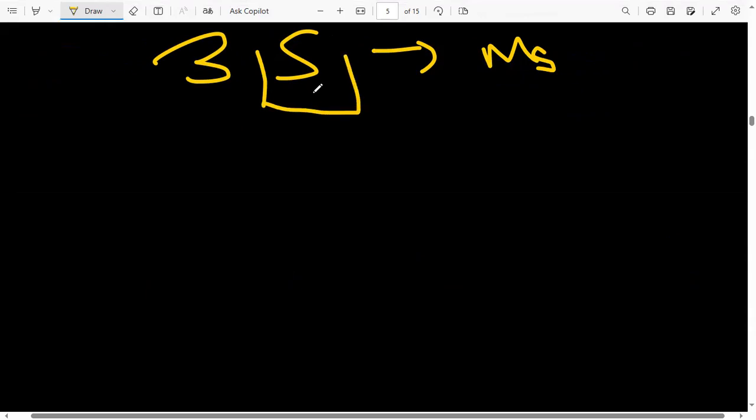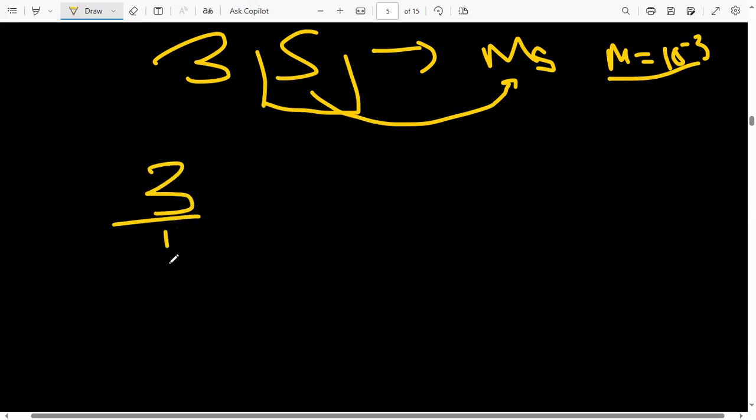Okay, so we are converting from the SI unit to a sub-multiple there, because the milli is just 10 to the power minus 3. So what is the rule when you're converting from the SI unit to the sub-multiple or the multiple? Here we said the rule is to divide. So we are going to divide with this prefix here. So it will just be 3 divided by 10 to the power minus 3.